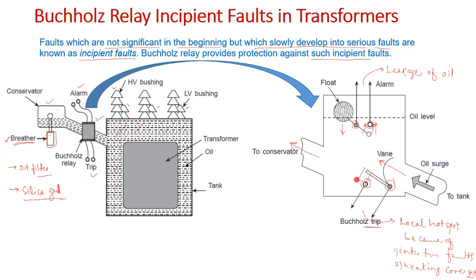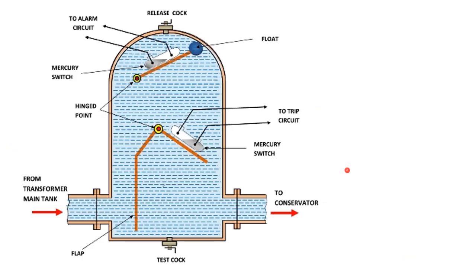Nowadays these two contacts are replaced by the mercury switch, and it is an advancement we can say, and it is working very nicely. We can see this here. This is the Buchholz relay chamber, and here we can see two mercury switches.